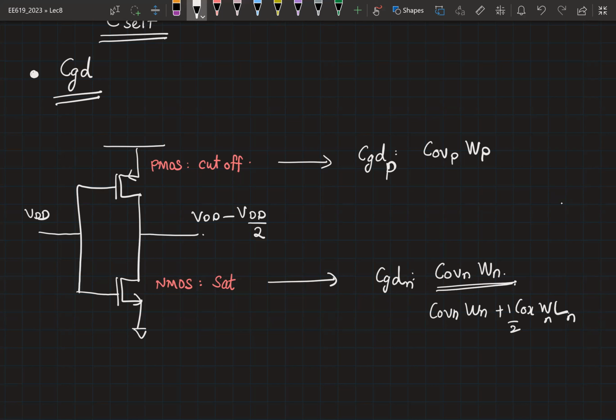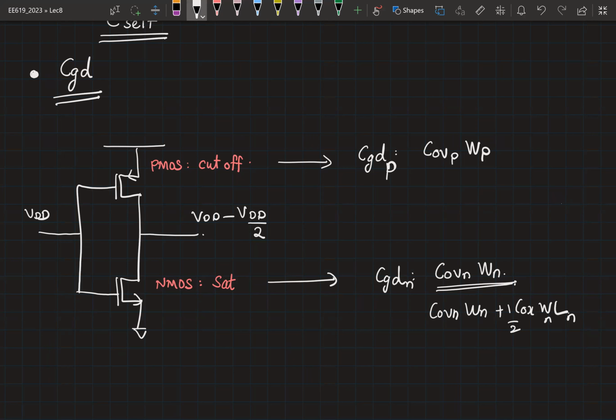Only the overlap capacitance is existing. So in saturation, this is the capacitance. We are talking about CGDN.